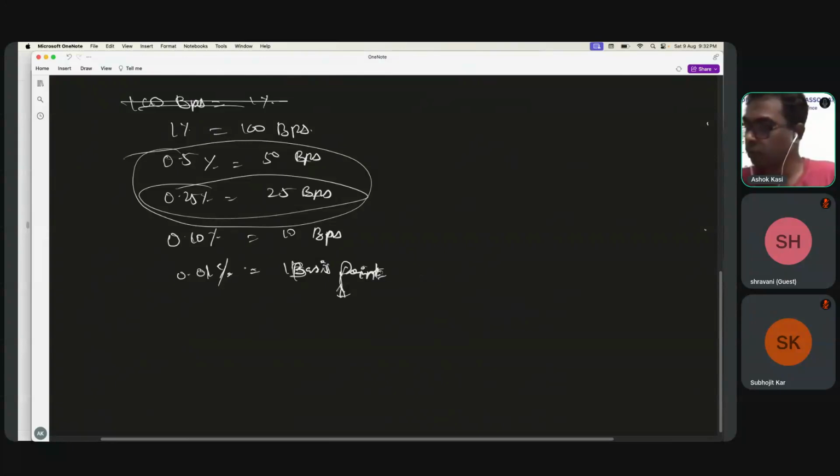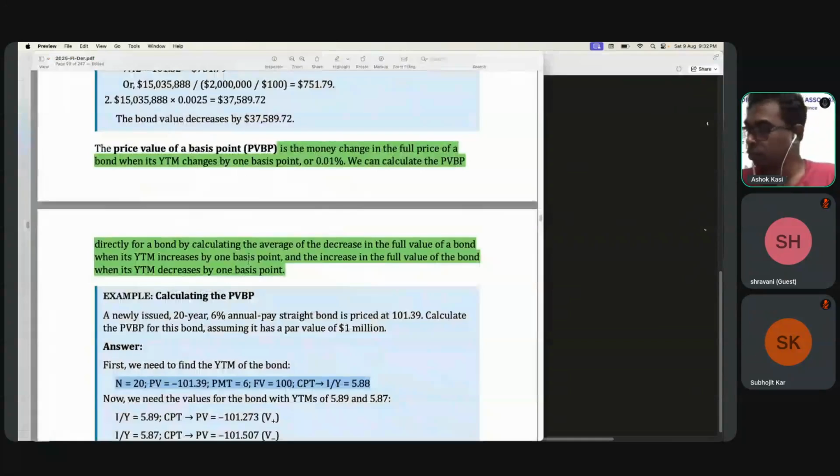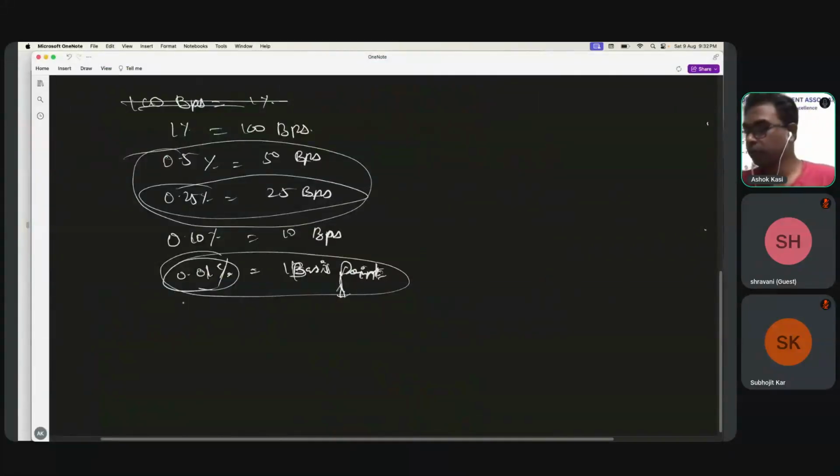0.01 percent is equal to 1 basis point. I can write this as 0.01 percent. For now, this much is only needed, but I'll go one step ahead because that information is useful in economics. So 0.01 percent can be written as 1 by 10,000.